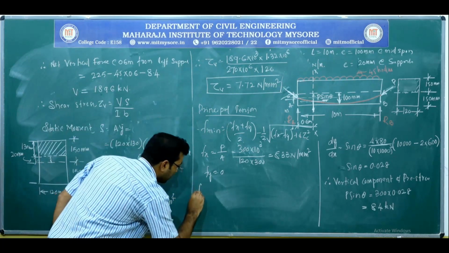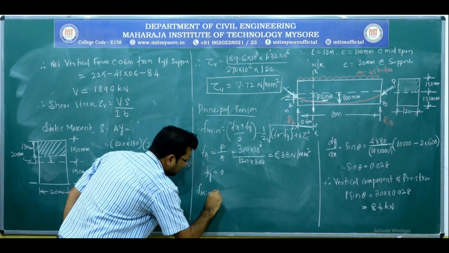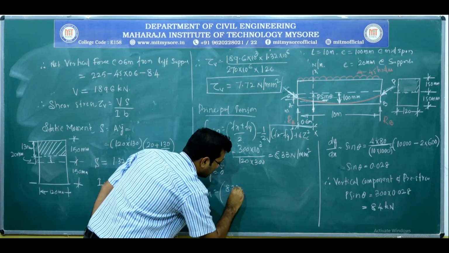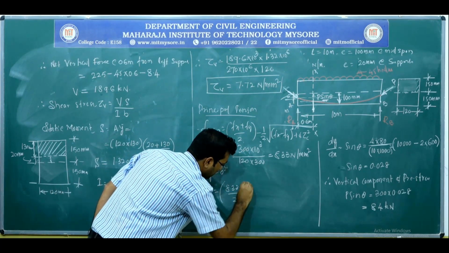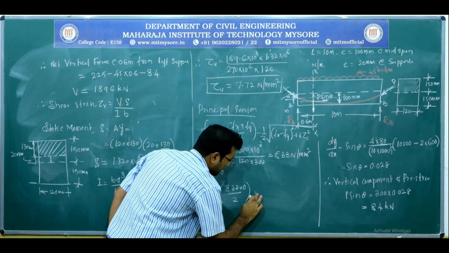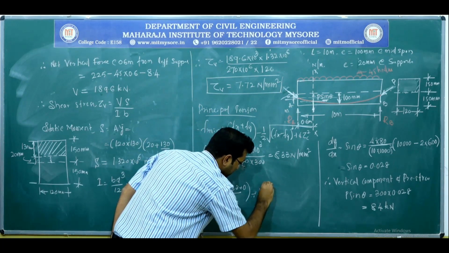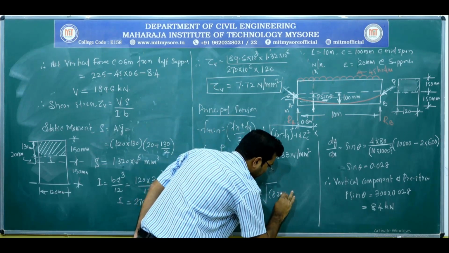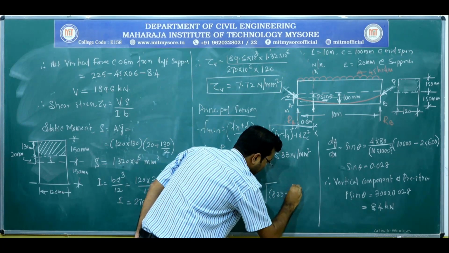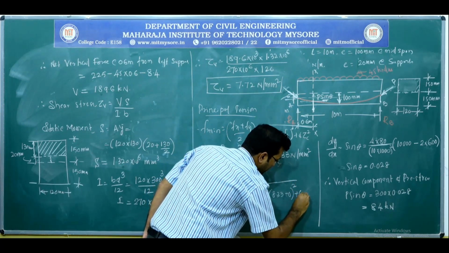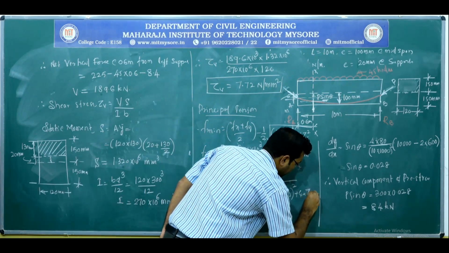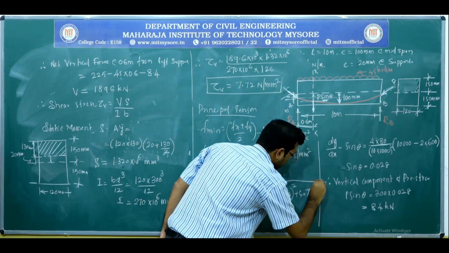Therefore, f minimum is equal to 8.33 plus 0 divided by 2 minus half into under root of (8.33 minus 0) whole square plus 4 times 7.72 whole square.